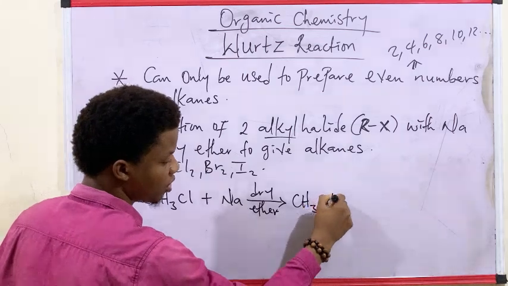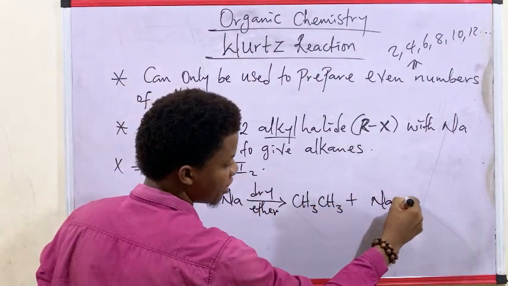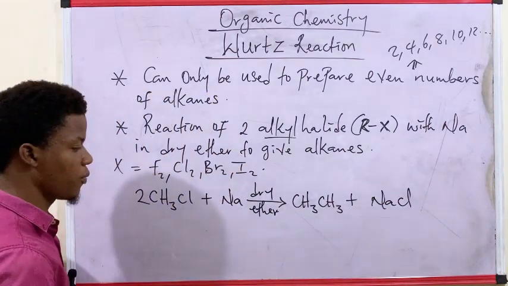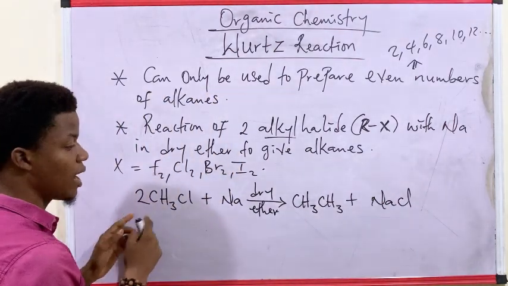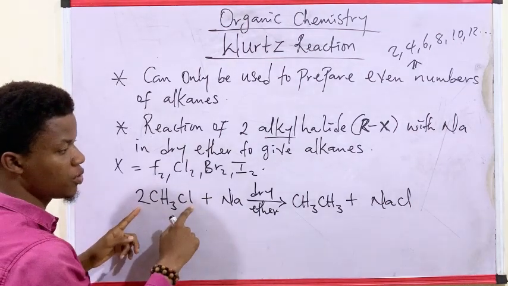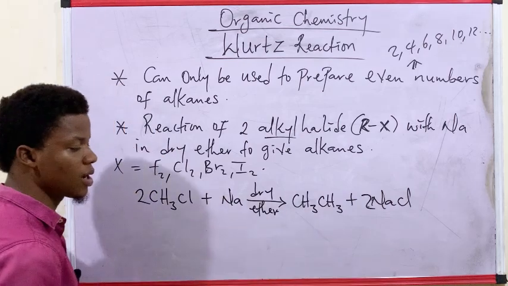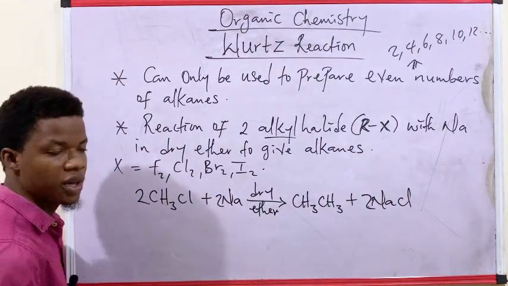So we'll now have CH3CH3 plus NaCl. Now, to balance it, we already have 2 carbons here. So these 2 also affect this chlorine, and there's 1 here, so we'll put 2. Sodium has automatically become 2, so I just put 2 here.